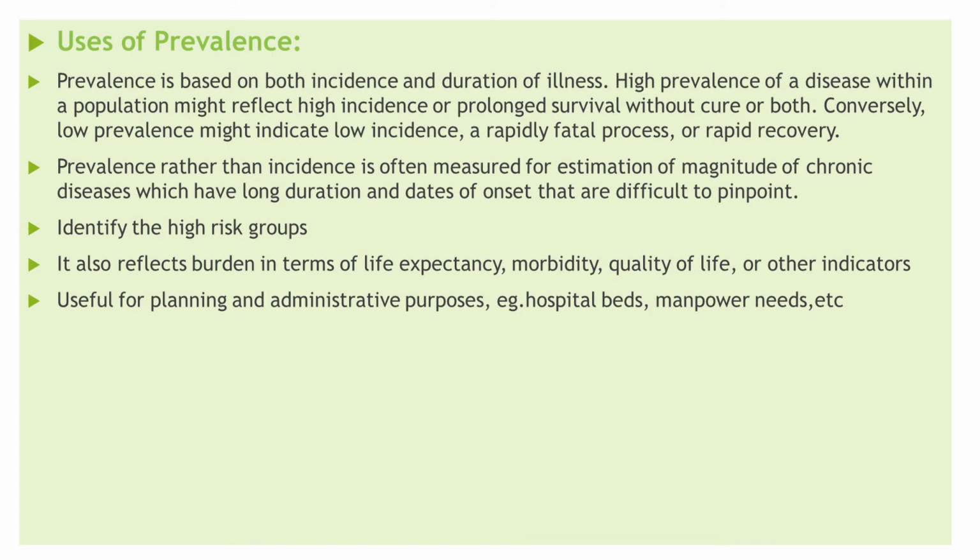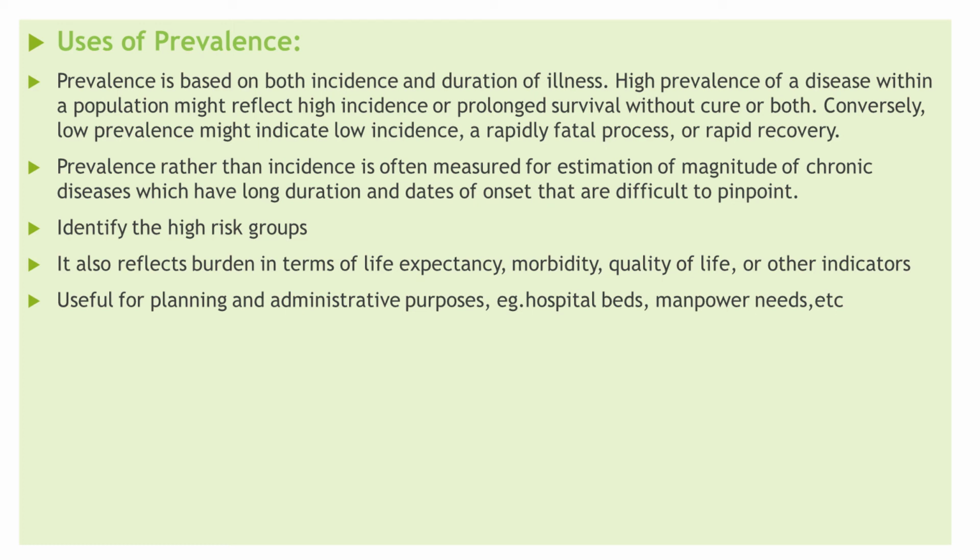So coming to the uses of prevalence. Prevalence is based on both incidence and duration of illness. High prevalence of a disease within a population might reflect high incidence or prolonged survival without cure or both. Conversely, low prevalence might indicate low incidence, a rapidly fatal process, or rapid recovery.